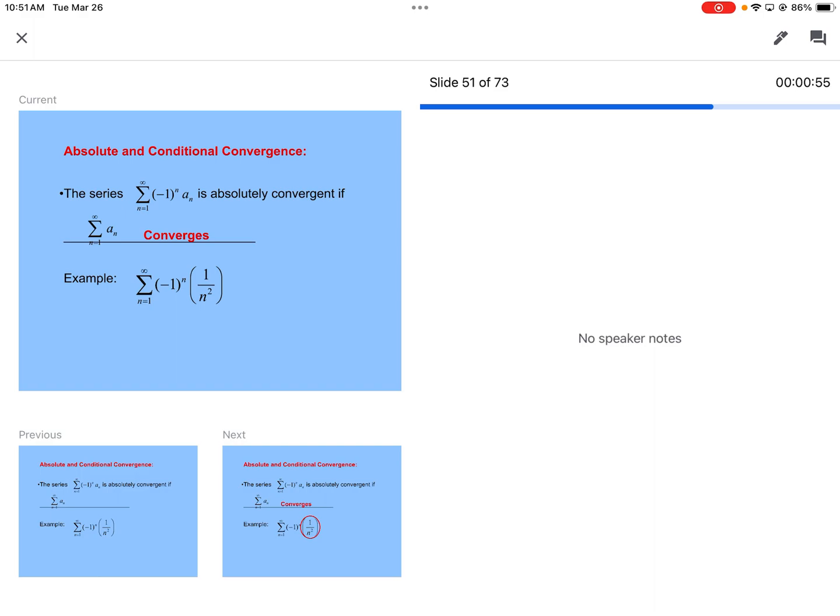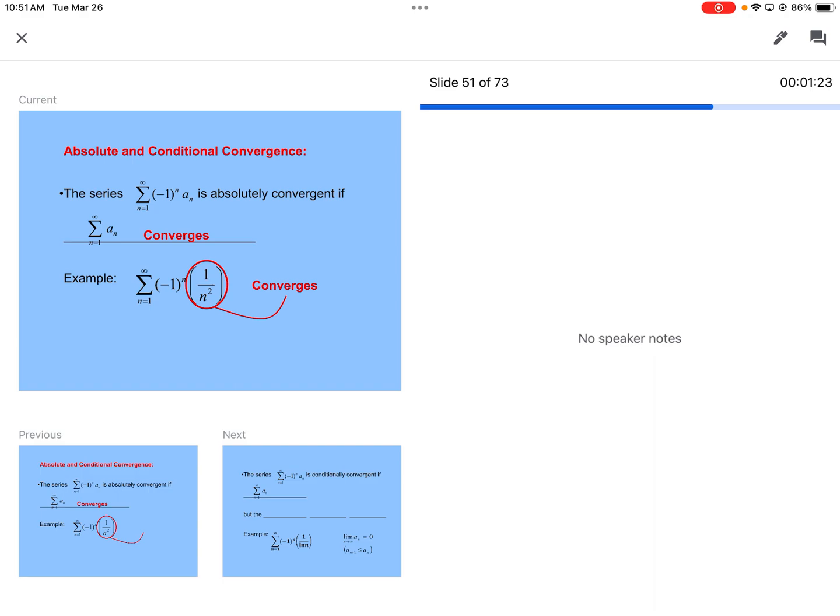So a good example of that is the 1 over n squared series. How do we know 1 over n squared converges? Based off of p series, right? So if I just look at that 1 over n squared, I already know it converges by the p series, right? Because the original a sub n, when it is not alternating, converges, the alternating series also converges.